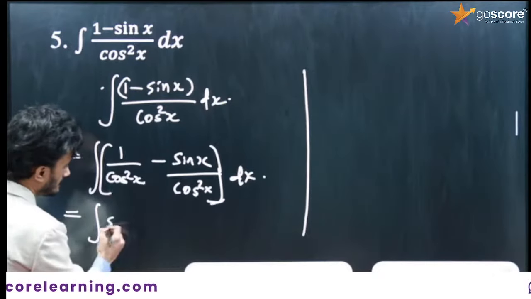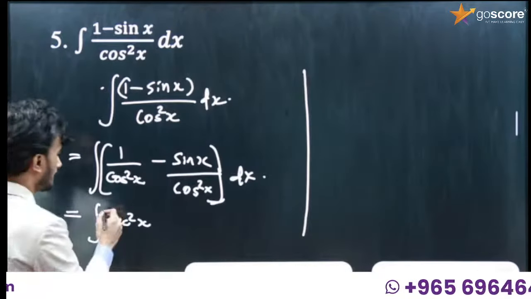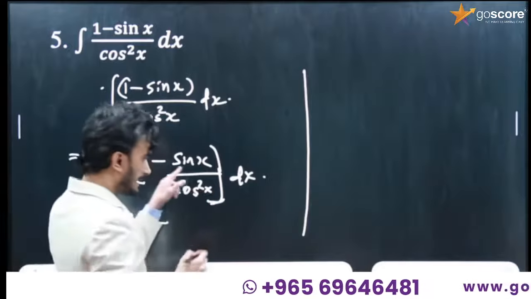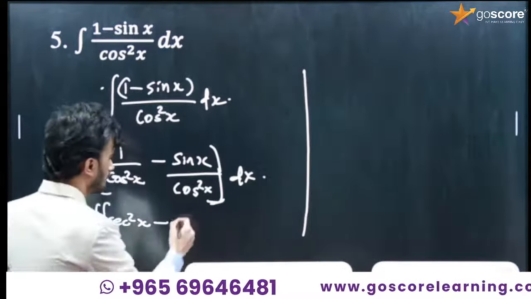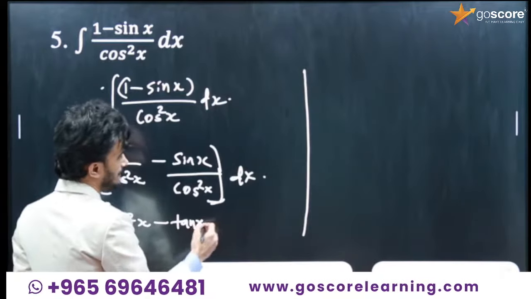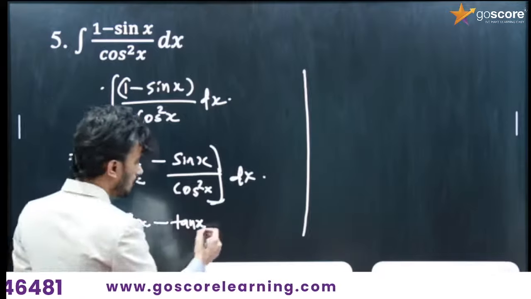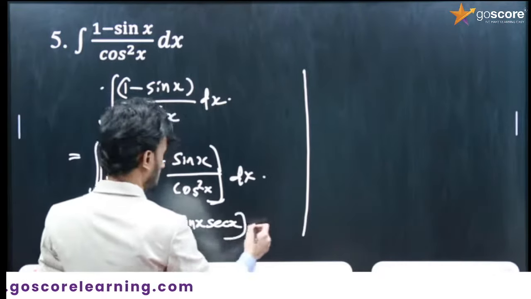So it is sec square x, 1 by cos square x, minus sin x by cos x, which is tan x, into 1 by cos x, which is sec x dx.